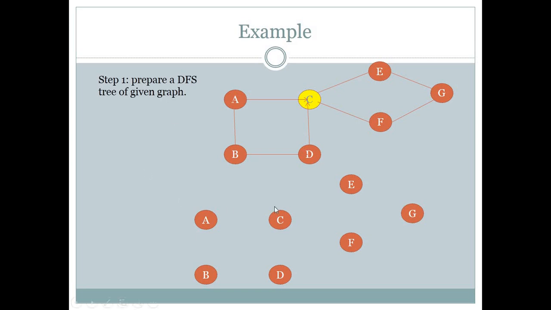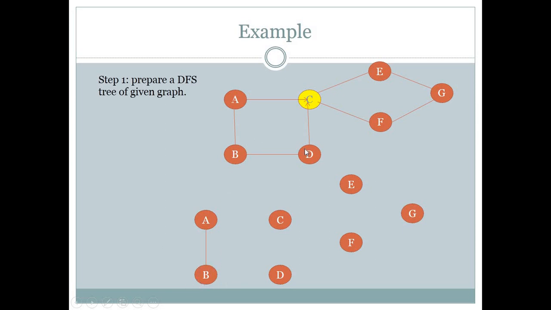We have nodes A, B, C, D, E, F and G. If we start from node A, then A has 2 adjacent vertices, C and B. If we select any one, here we have selected A to B, then we have to find the adjacent node of B.